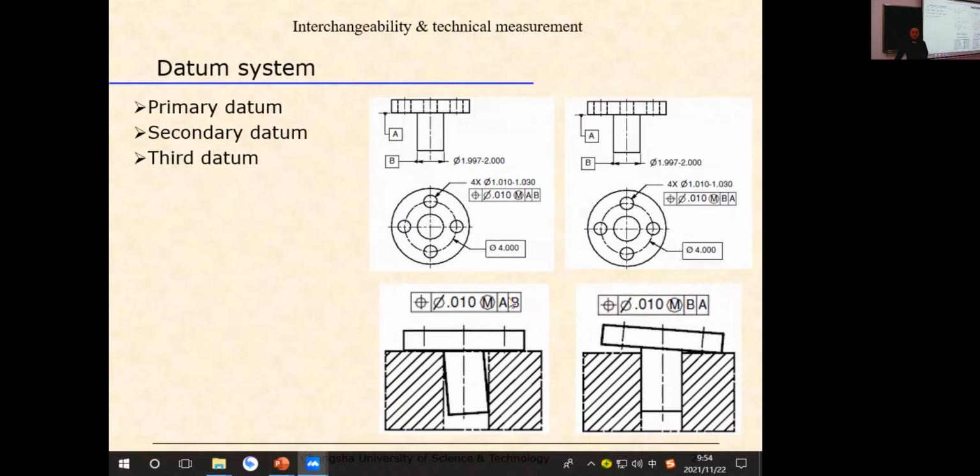And there is the maximum material requirement and another principle. I don't want to explain it very well, so I need you to see the book and understand it. This M is maximum material requirement.